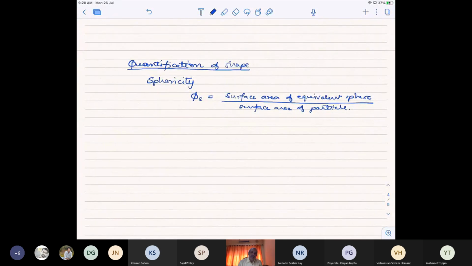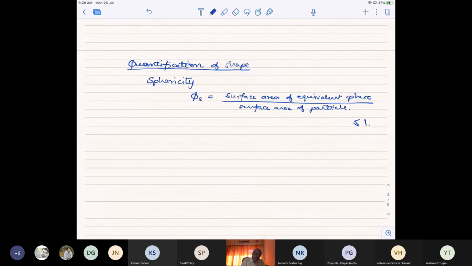Well, you know that the sphere has the smallest surface area per unit volume. So if you take two particles of the same volume, then the surface area of a non-spherical particle will always be more than that of a sphere. And if you take the ratio of their surface area, then you will always get a number that is less than or equal to 1.